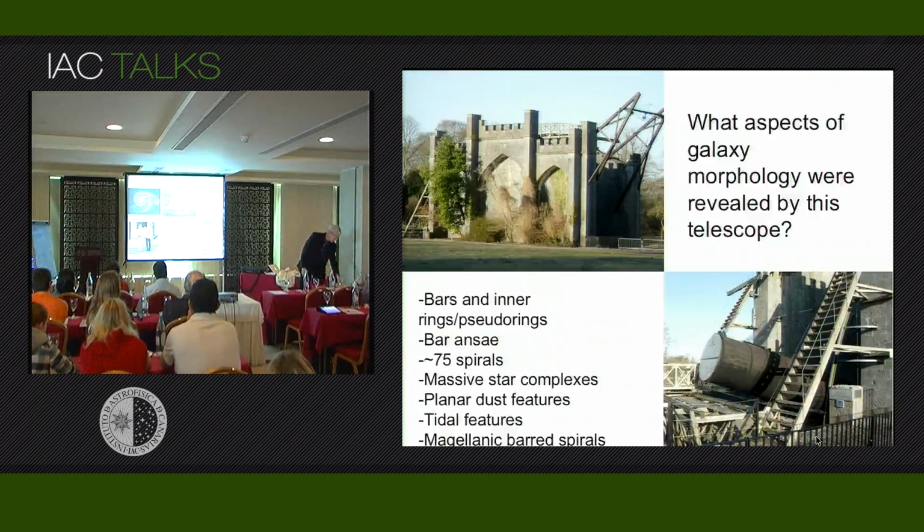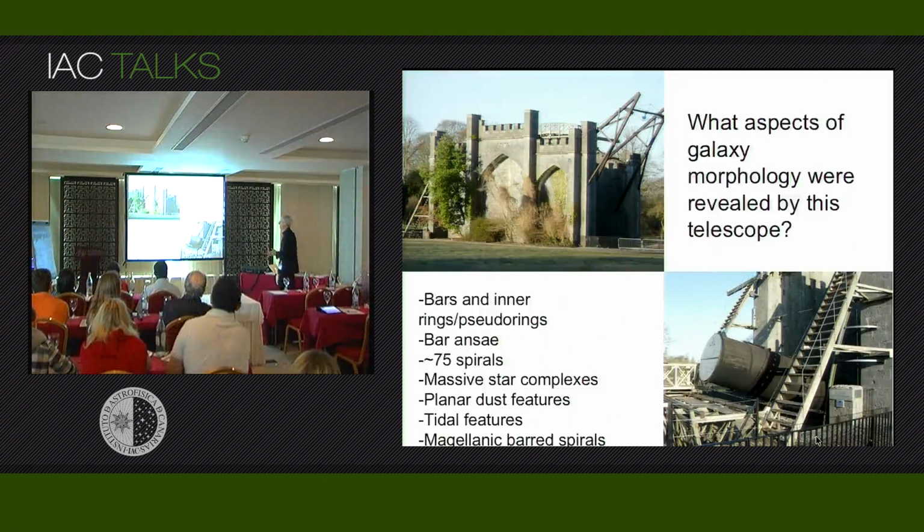So there are details of galaxy morphology in these early observations. It's very interesting. And if I could summarize what it is they found, what aspects of galaxy morphology did they see with this lovely telescope? The eyepiece was on the other side of the tube there, and only the walls are original. Everything else is a replica.